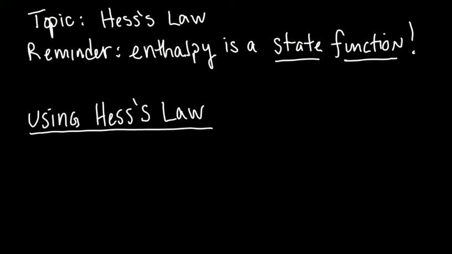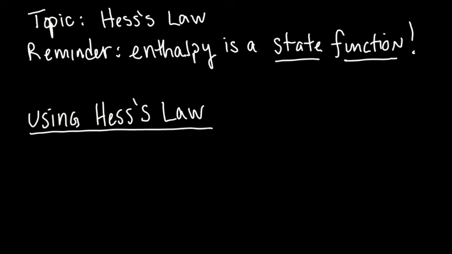You can pause this and rewind and listen to it again if you need to. We can add up the enthalpies of the reaction steps and take the sum, and that is our delta H of the reaction. And we can do this, once again, because enthalpy is a state function, and it doesn't matter how we got there. It doesn't matter how many steps it took. It's just the final result that matters.